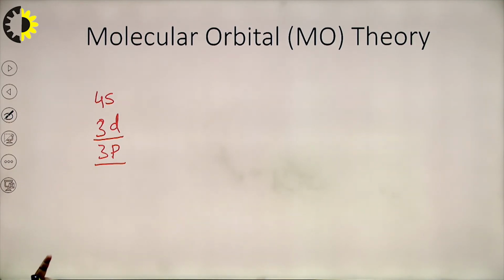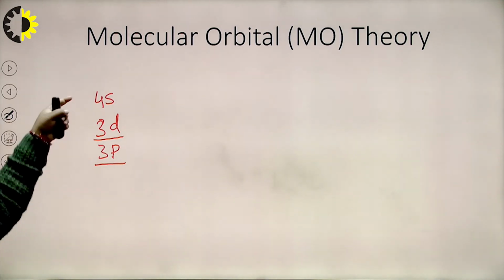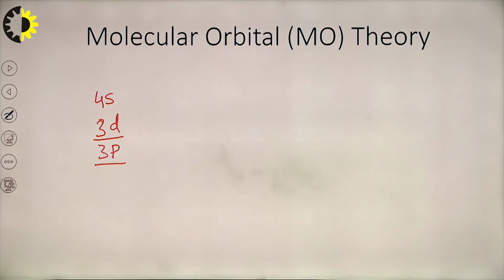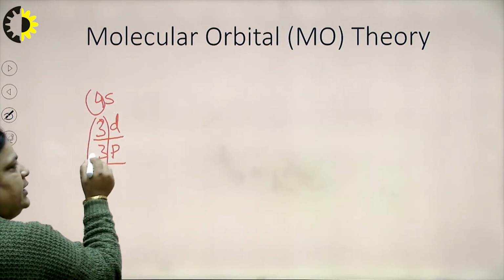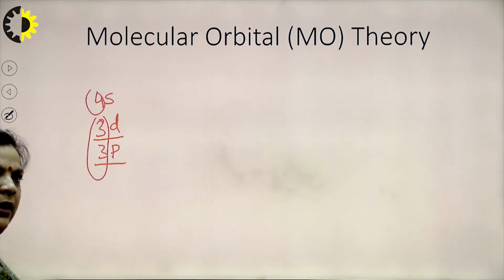So, first check the value of the principal quantum number, that is n, the value of the shell. Here it is 3 and here it is 4. So, definitely the electron will first enter either 3p or 3d, and then 4s.